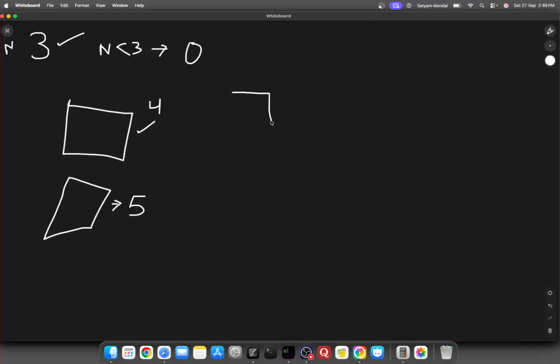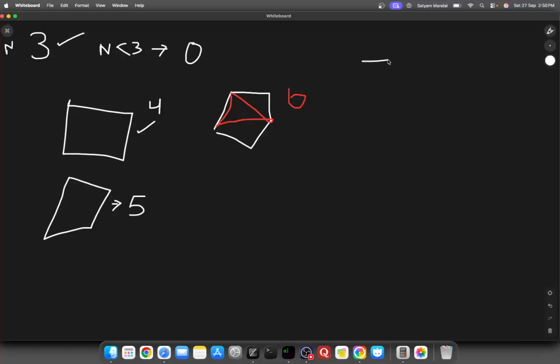In case of 6, we can't create any such polygon either, so the answer will be 6 in this case.